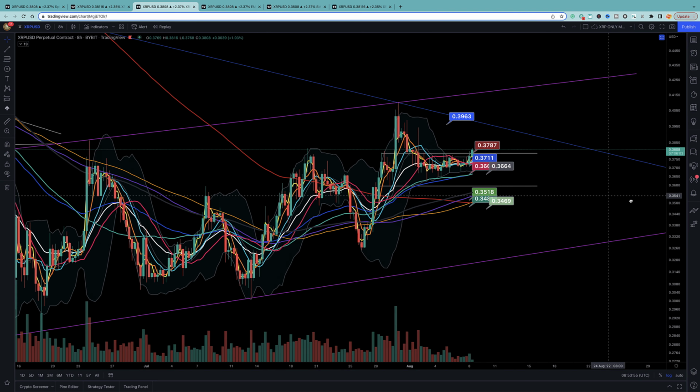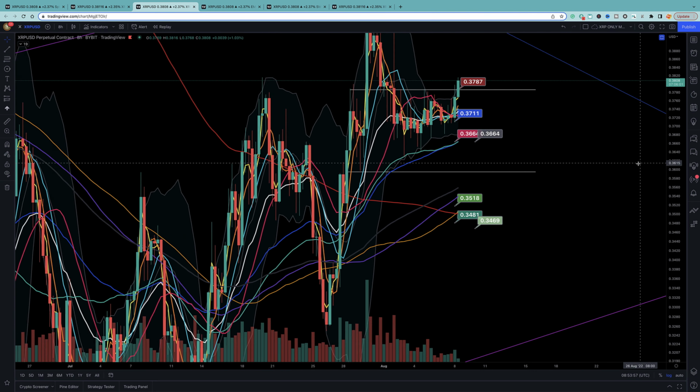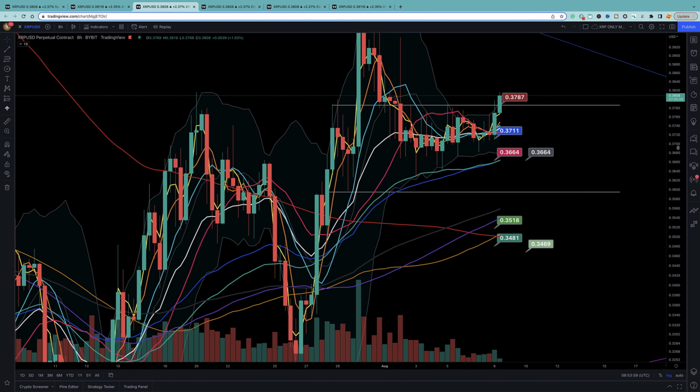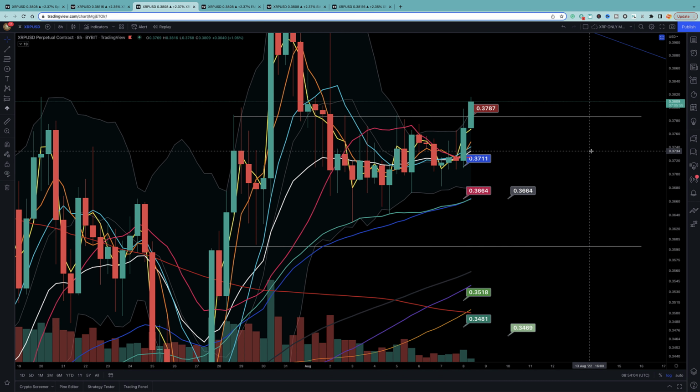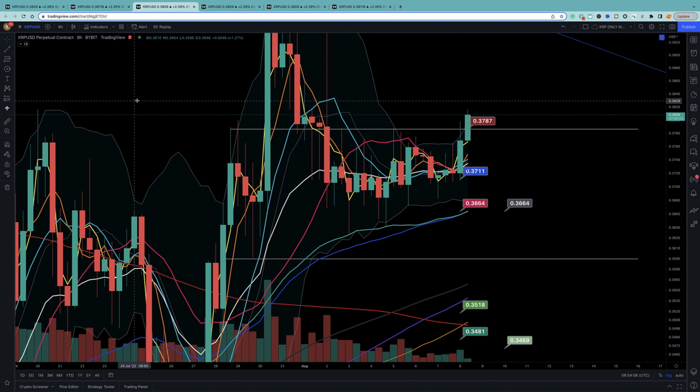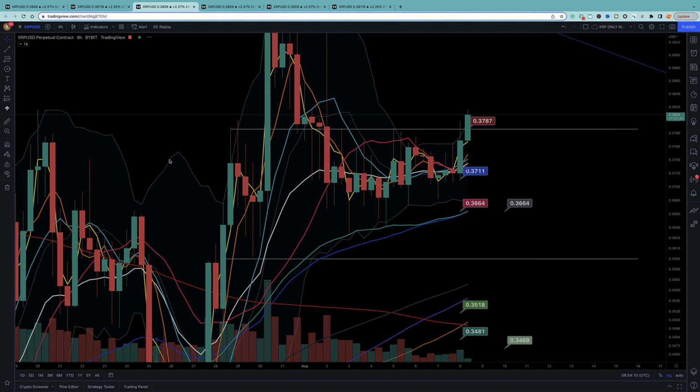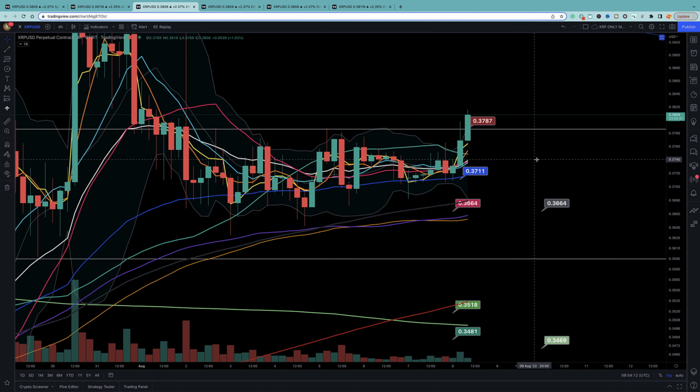The same with the 8-hour. There's 2 solid candles on the 8-hour, so it certainly does look like a pump. It's presenting itself as that anyway. There's the 4-hour.